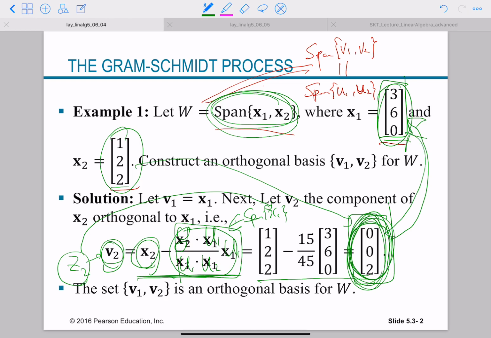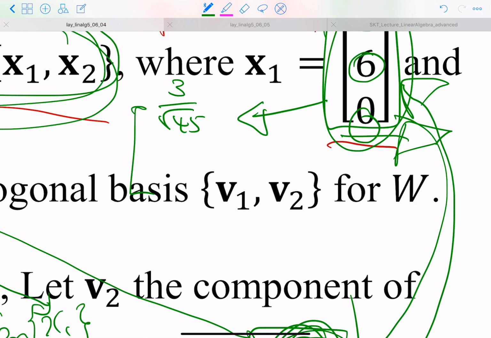They have a 90-degree angle, or are orthogonal to each other, right? And in order to obtain orthonormal basis vectors, we just normalize each vector. So 3, 6, and 0: 3 squared and 6 squared gives 45, right? So 3 over square root 45, and 6 over square root 45, and 0. So this is an orthonormal version of the basis vector.